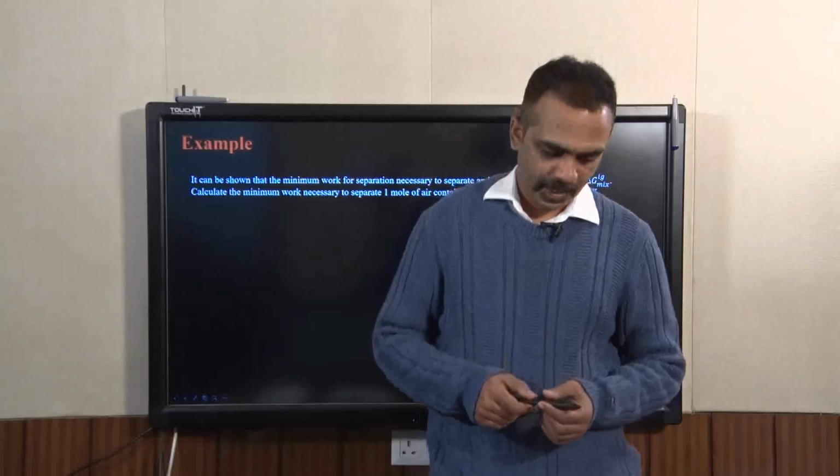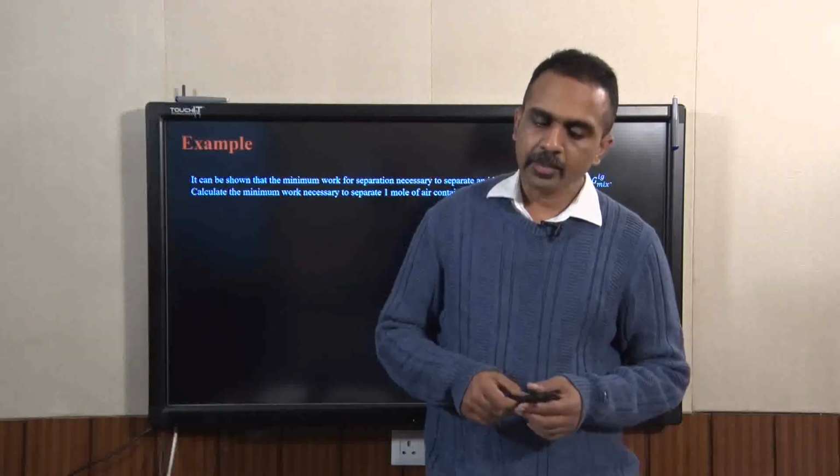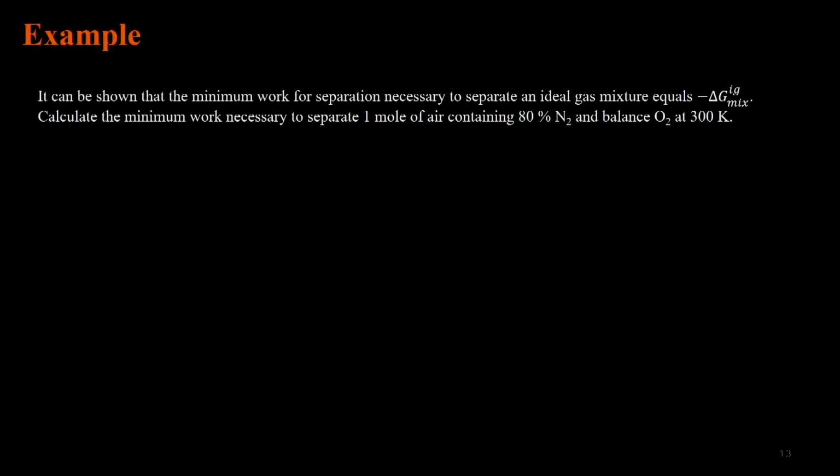Let's look at another example. It can be shown that the minimum work of separation necessary to separate an ideal gas mixture is negative delta G mixing. This is the minimum work required to separate an ideal gas mixture. Now calculate the minimum work necessary to separate 1 mole of air containing 80% nitrogen and the balance oxygen.